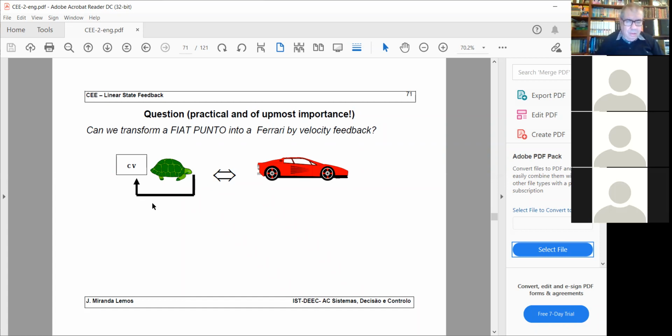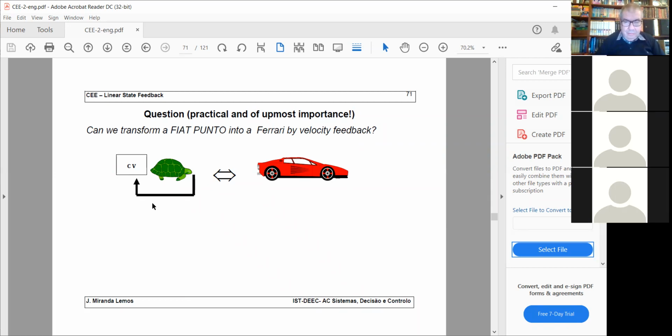The Punto goes from 0 kilometers per hour to 100 kilometers per hour in, I don't know, 12 or 13 seconds. And the Ferrari changes the velocity between 0 and 100 in 3 seconds. So 4 times faster.